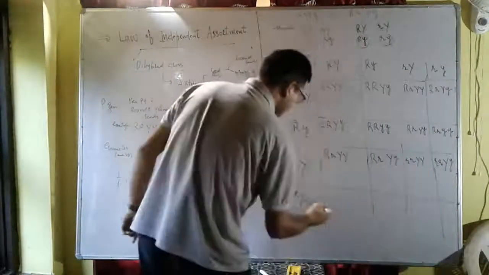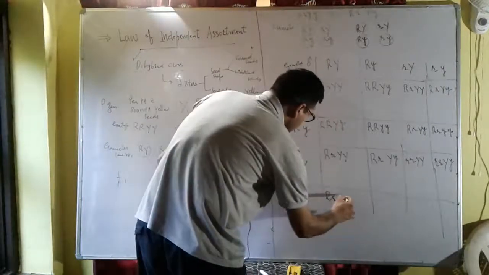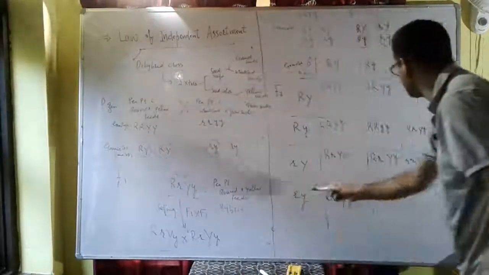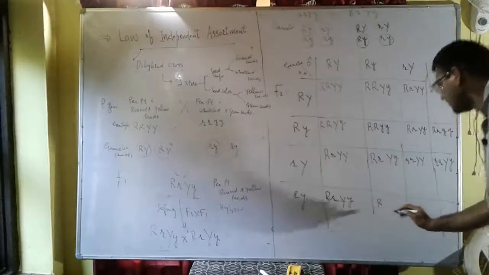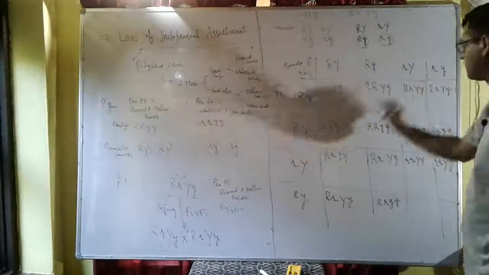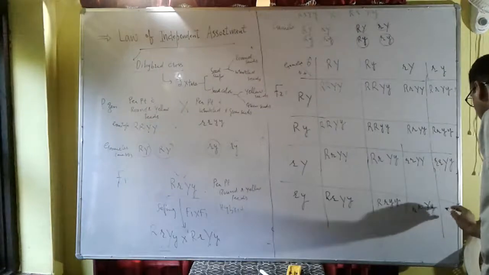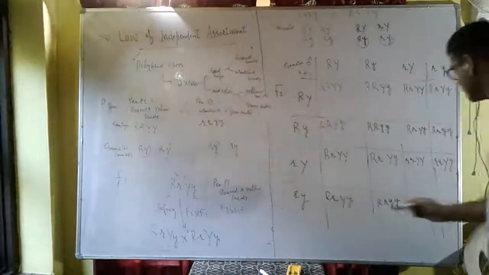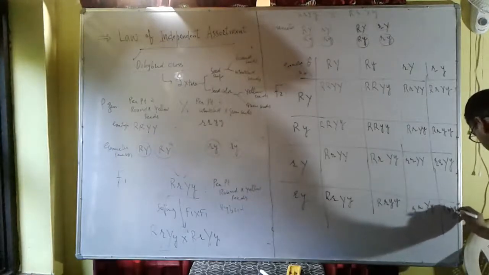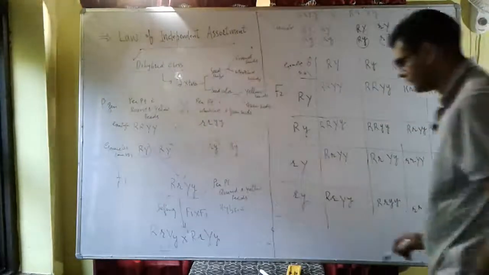This gamete will fuse with this gamete: capital R, small r, capital Y, small y. Capital R, small r, small y, small y. This gamete will fuse to this gamete: small r, small r, capital Y, small y. This gamete will fuse to this gamete: small r, small r, small y, small y. This is the F2 generation.